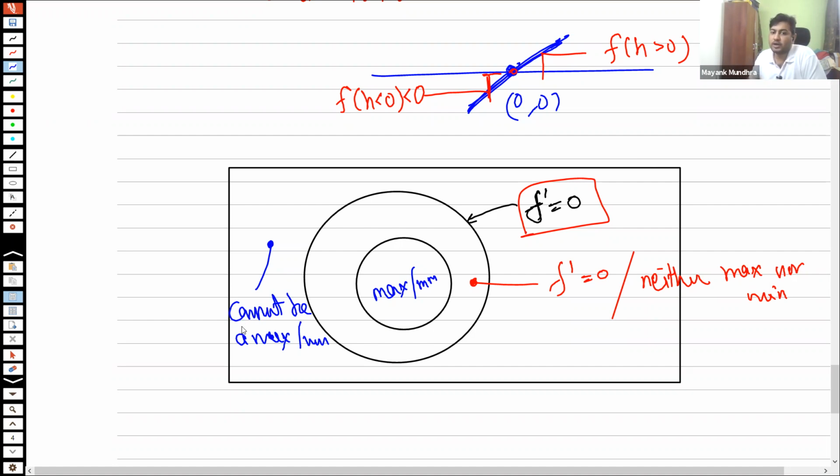So an interior point cannot be a maxima or minima if its f prime is not 0. So for a differentiable function and an interior point strictly. Now I'm stressing this much on this particular point because they ask questions based on what you mean by necessary and what you mean by sufficient. So the next thing is, what is the sufficiency?